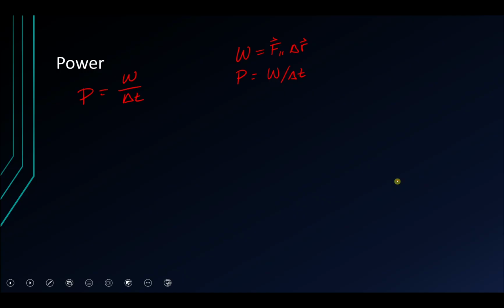So we can now consider the motion of an object with changes in position as well as changes in time and have force relating to that. So this means that power is equal to our force parallel times our change in position divided by our change in time. Power now can relate force and velocity to each other.